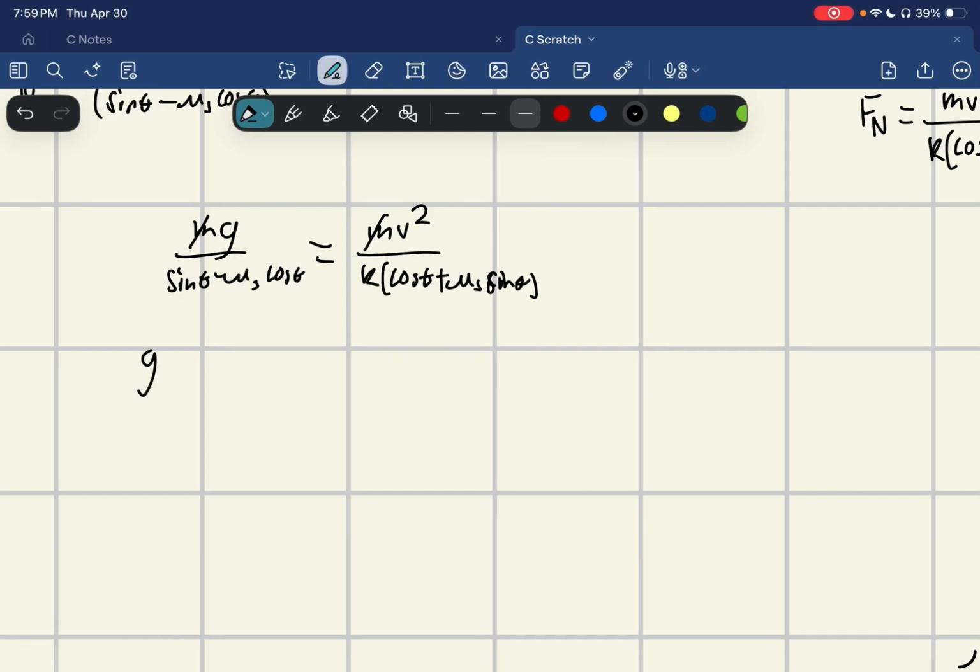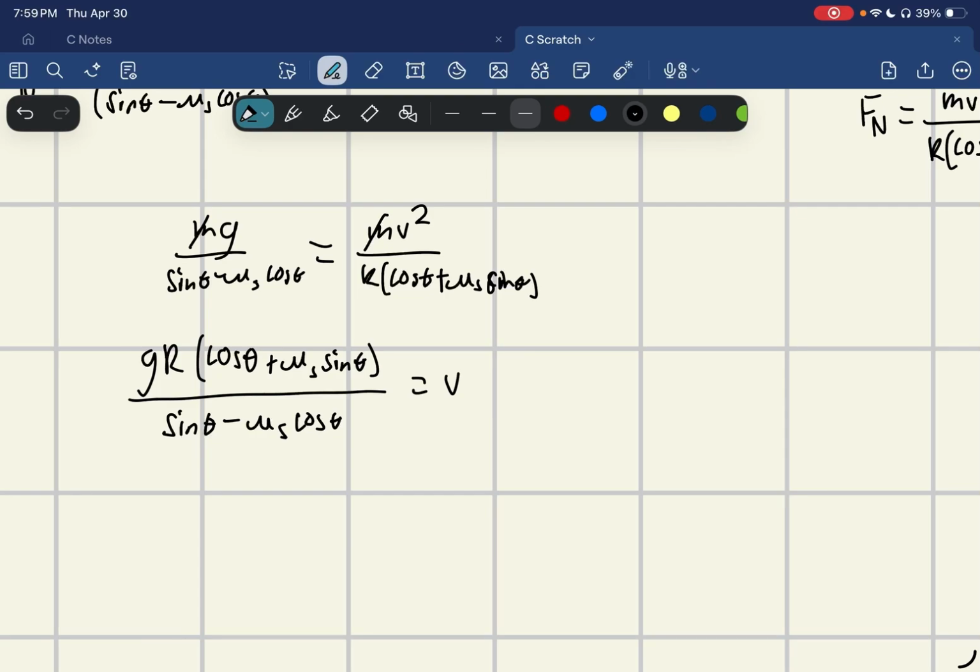So it'd be gr times cosine theta plus mu s sine theta all over sine theta minus mu s cosine theta is equal to v squared.